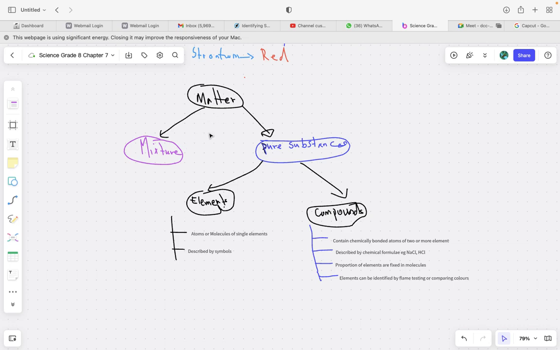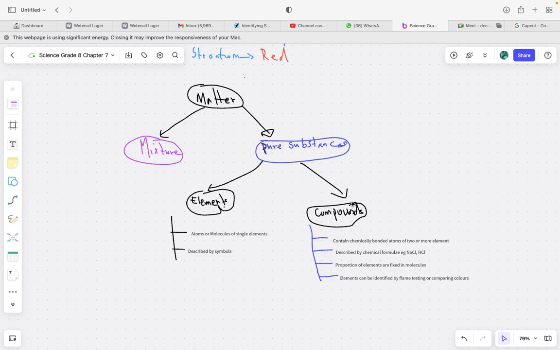We looked at naming compounds, and so on. In part 2, we looked at the testing, the colors, and the methods scientists use, either qualitative or quantitative techniques, to find out what elements are found in a compound.